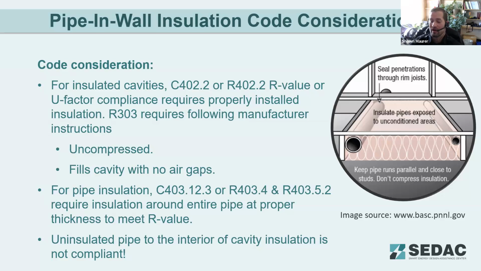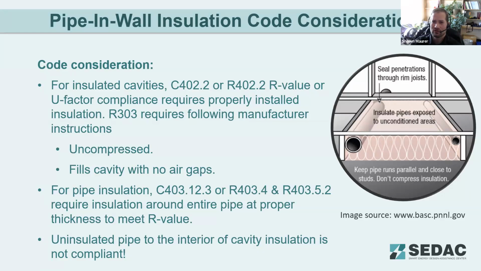And then also for the pipe insulation, for the commercial side, where most service hot water piping is going to have circulation systems on it, those are going to be required to be insulated. In the residential section, for hot water piping, if it is circulated, R403.4 and R403.5.2 require insulation around the entire pipe to meet R3 for service hot water piping in residential applications.